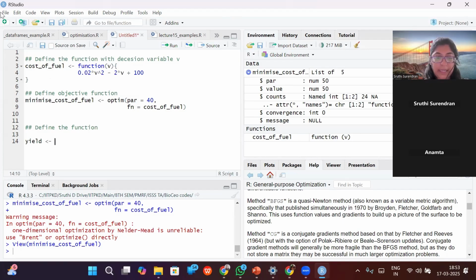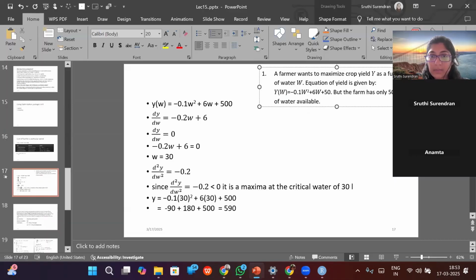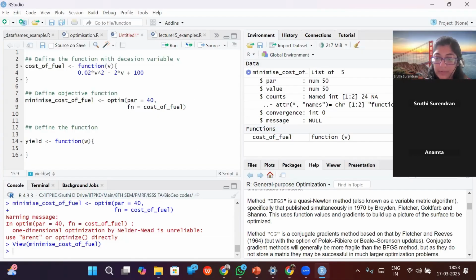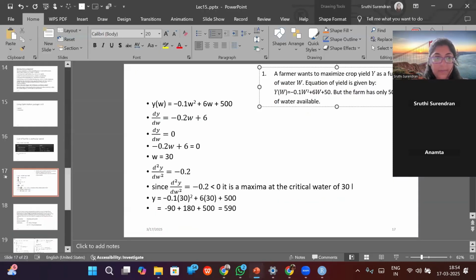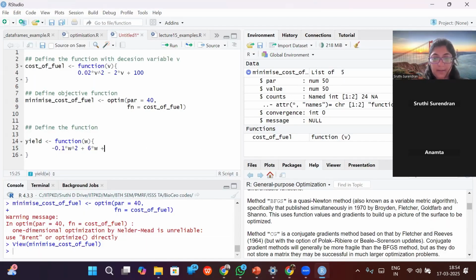Yield is going to be a function of water, and it is given by the equation minus 0.1 into w squared plus 6 into w plus 50.